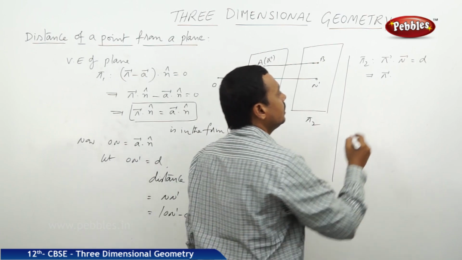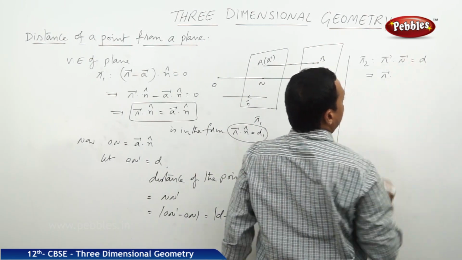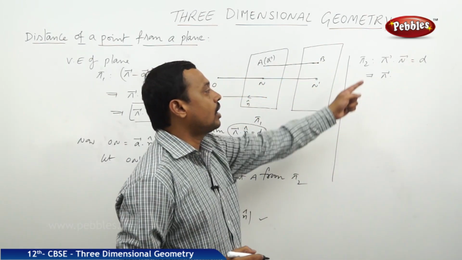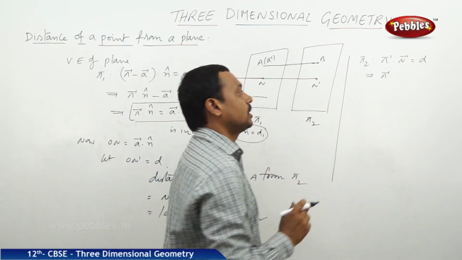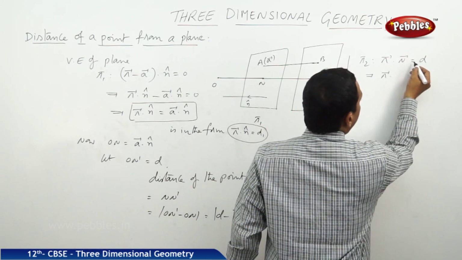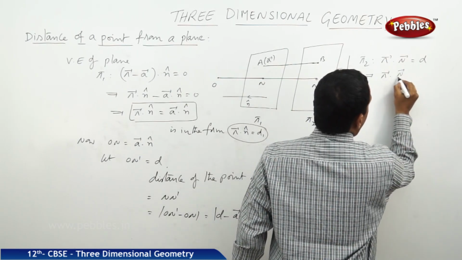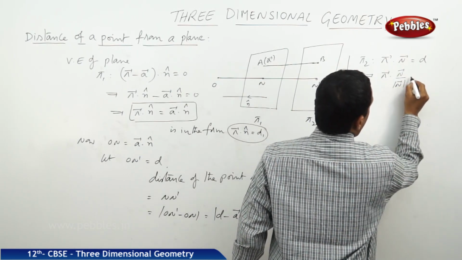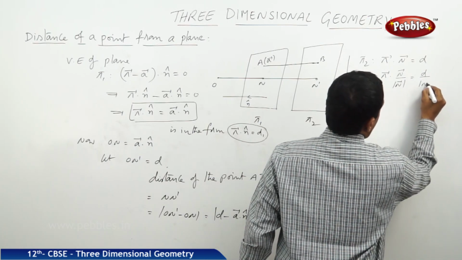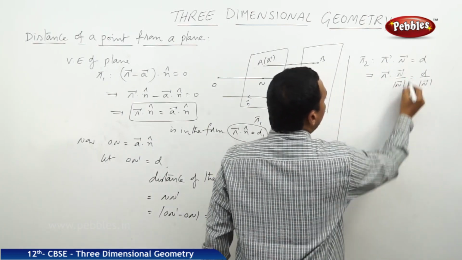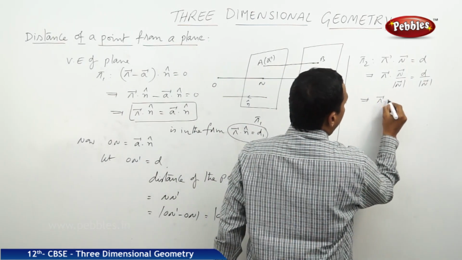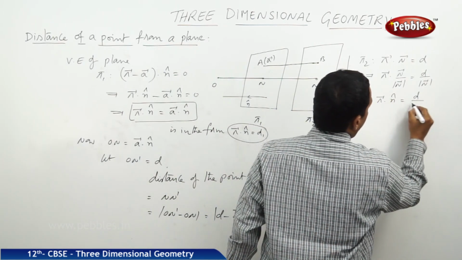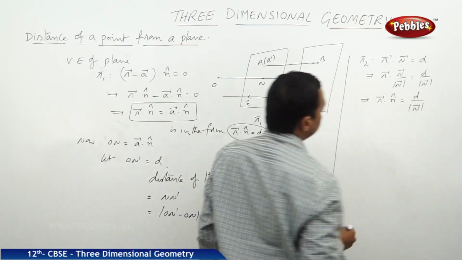Actually here n bar is not a unit vector, it is a normal or perpendicular vector to that plane. To make it into unit vector, divide by its magnitude on both sides. Now r bar dot n cap is equal to d by modulus of n bar.